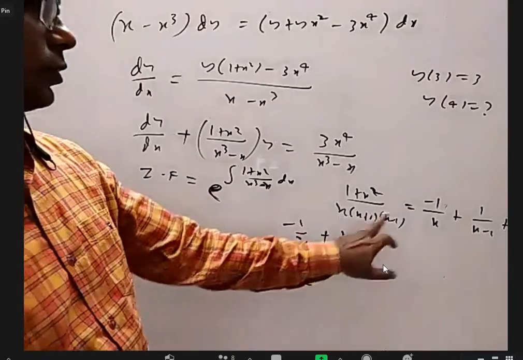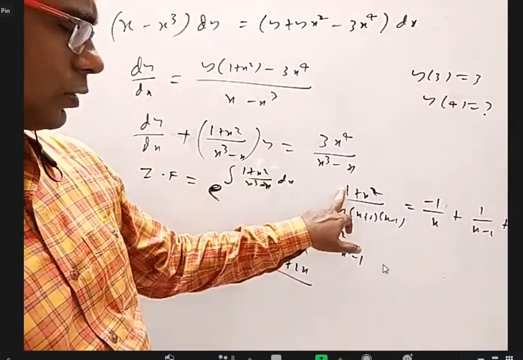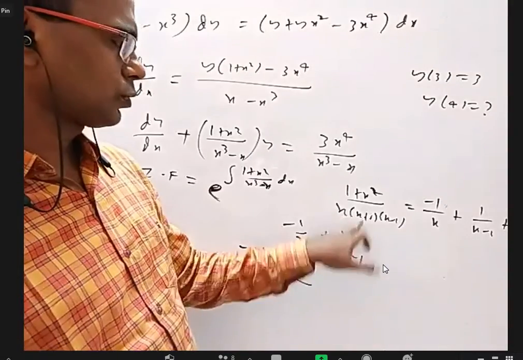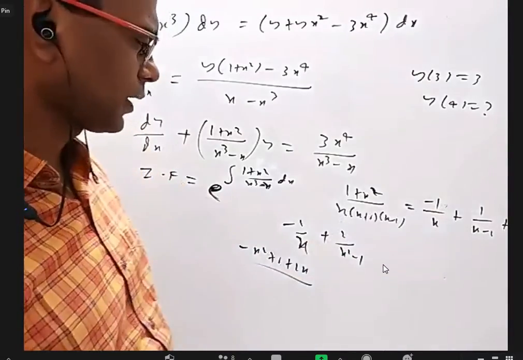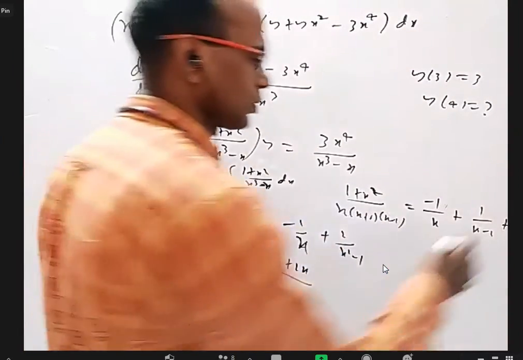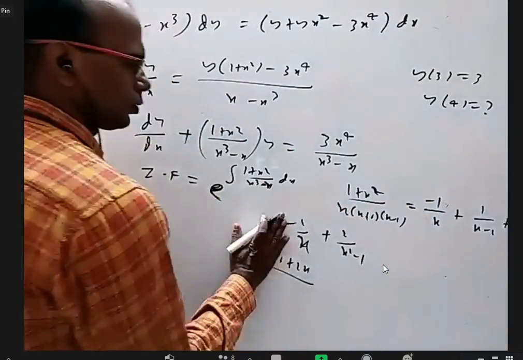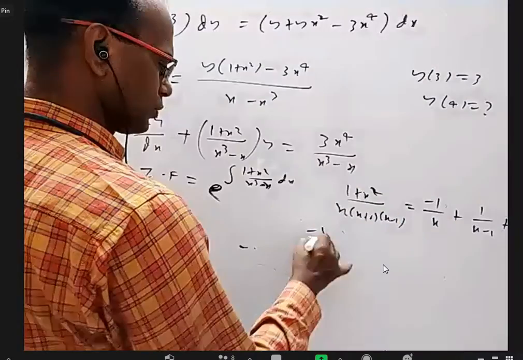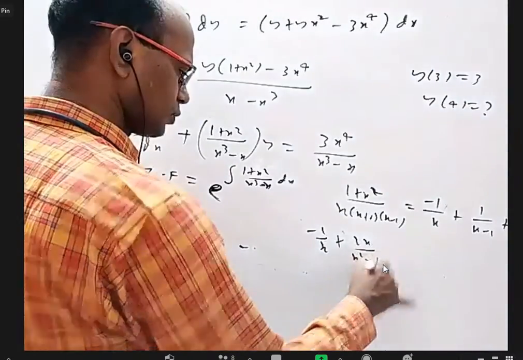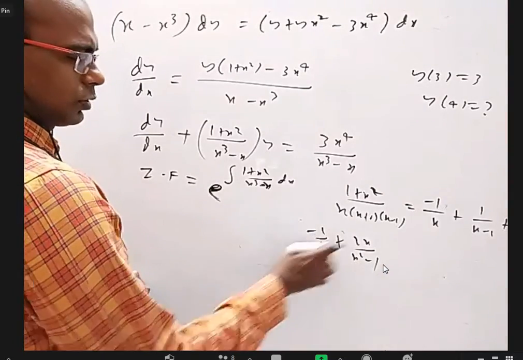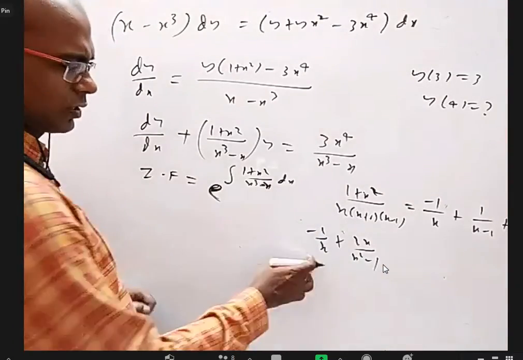Okay, just a minute. If I put x equal to 0, this is 1, this is minus 1, that's good. If I put x equal to 1, this is 2, this is 2, 2 by 2. If I put x equal to minus 1, this is minus 1, this is minus 2, plus 2, so plus 1. So when I combine that, that is coming minus 1 by x plus 2x by x square minus 1. Everything's good. For this log x and for this log x square minus 1.